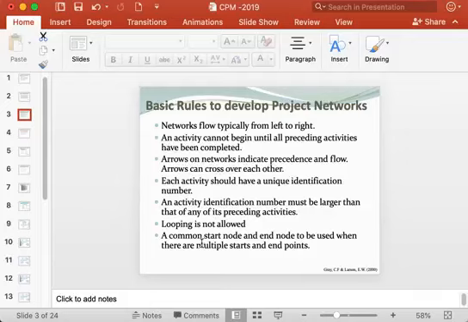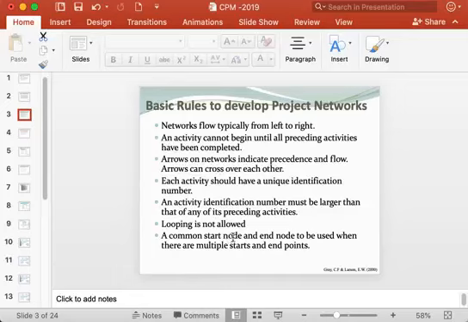Another basic rule is that a common start node and end node must be used when there are multiple start and multiple endpoints.